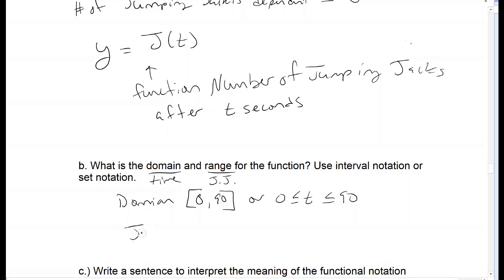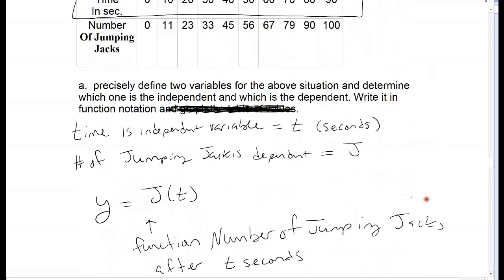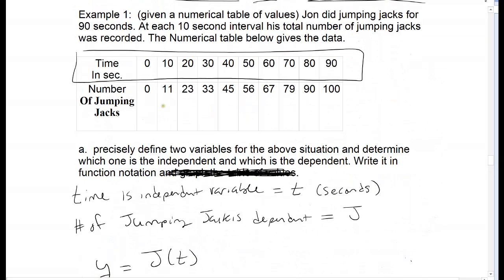The range goes with the number of jumping jacks, which I have to look at in my table. So the number of jumping jacks goes from 0, and there you could have 1.5 jumping jacks if you're halfway through a jumping jack.